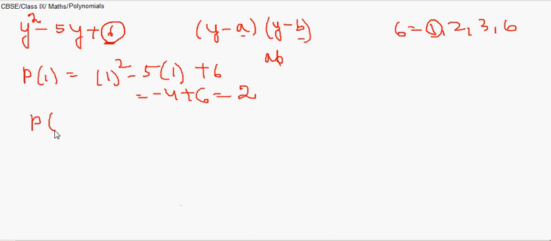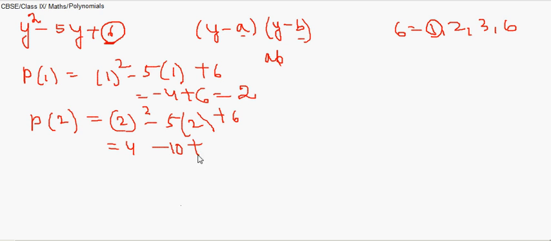So I'm now taking up P(2), that's 2 square minus 5 into 2 plus 6, that's 4 minus 10, that is minus 6 plus 6, that's 0.